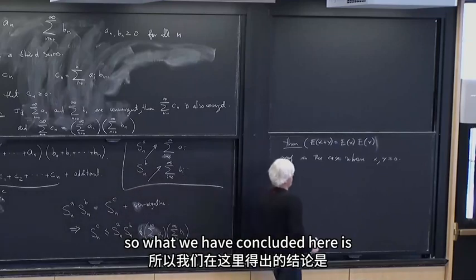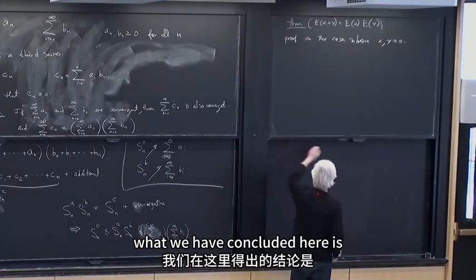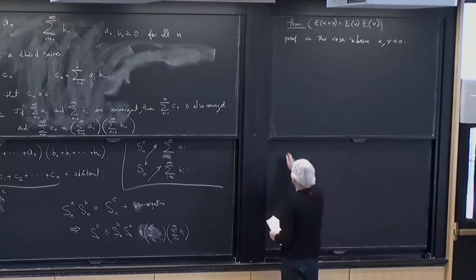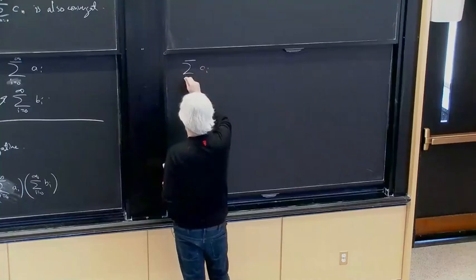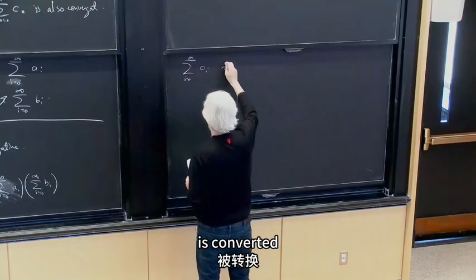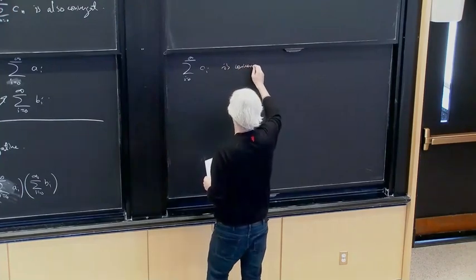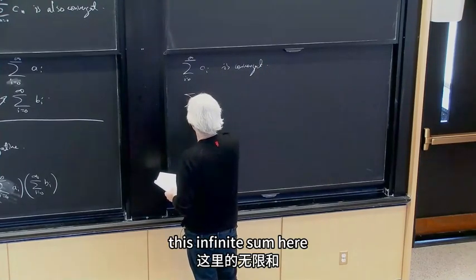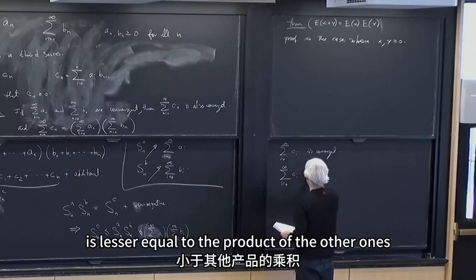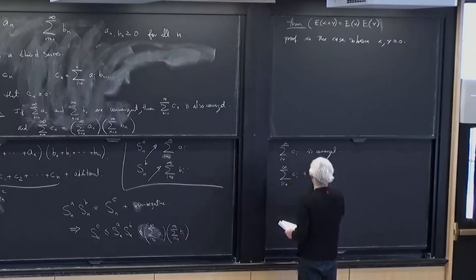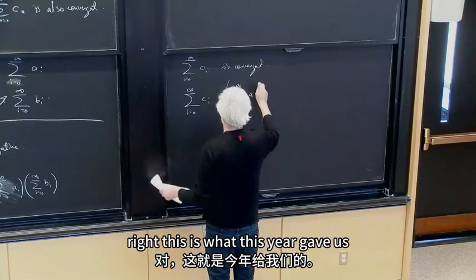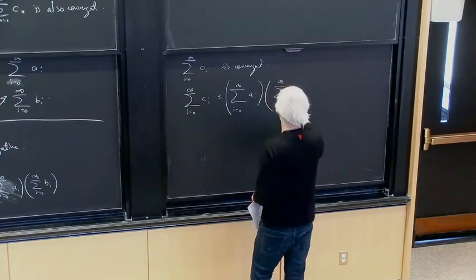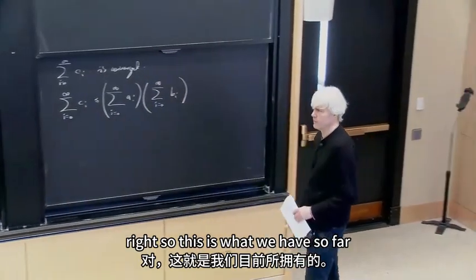So what we have concluded here is that this series here is convergent, and we have that this infinite sum here is less or equal to the product of the other ones. Right, this is what this here gave us. So this is what we have so far.